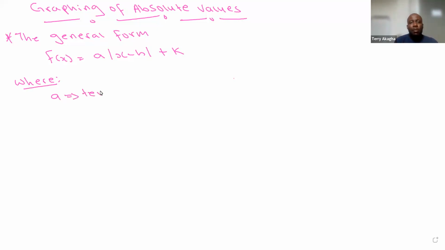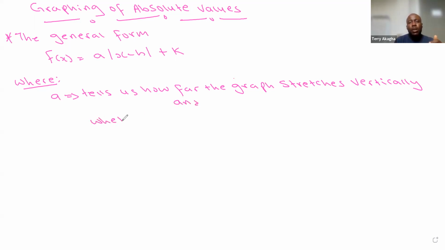So a tells us how far the graph stretches vertically, and it also tells us whether the graph opens up or down.